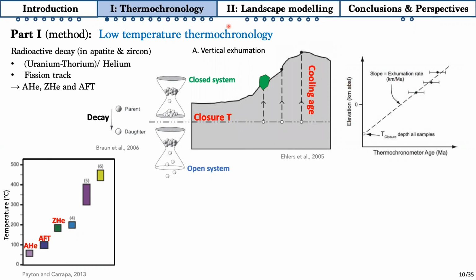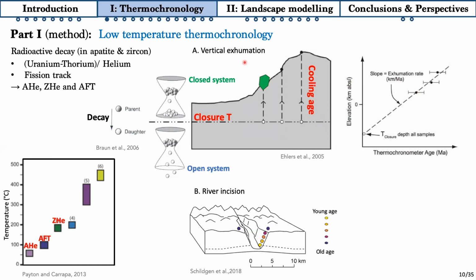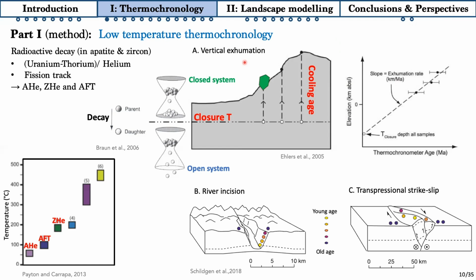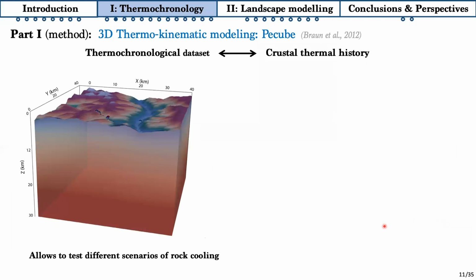In the case of the vertical exhumation, of course, this exhumation could be related to pure river incision or fault activities, with the youngest ages always located near the river bottom or near the active faults. So all those thermochronological data can help us to reconstruct the crustal thermal history.